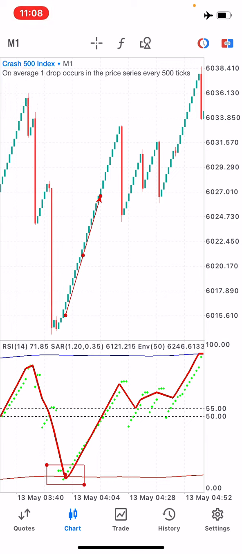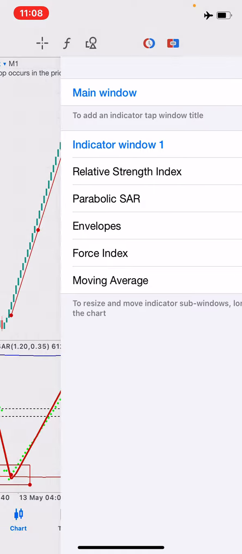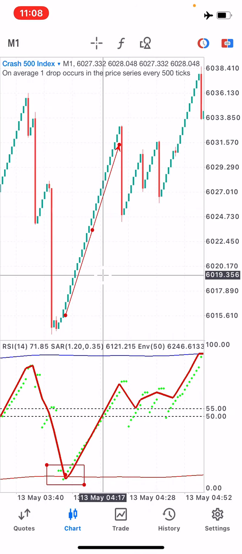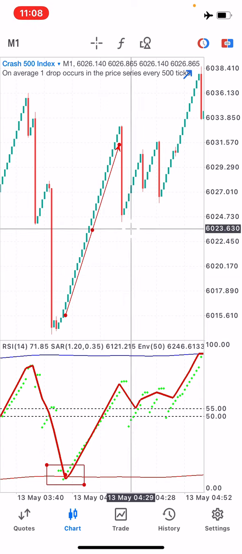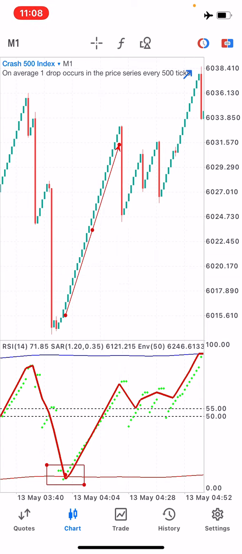That's when you enter your buy trade if it's crash, right? And you can even go all the way up. Your take profit level will probably be the first level you meet at the bottom right here, which is level 50. That will be your take profit level, right?